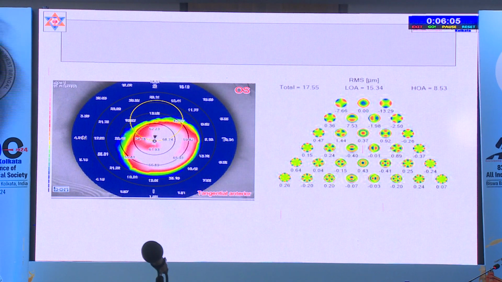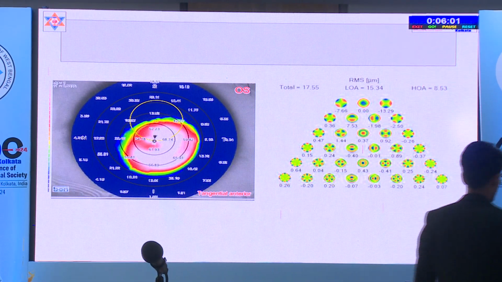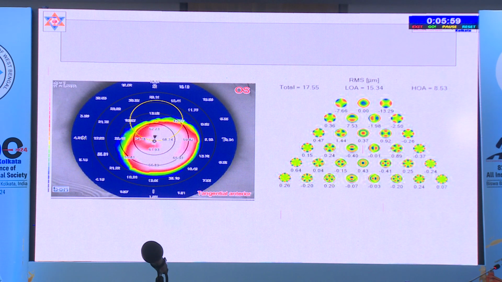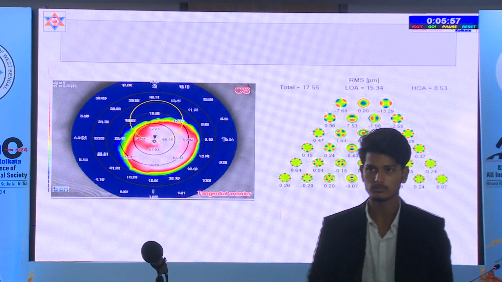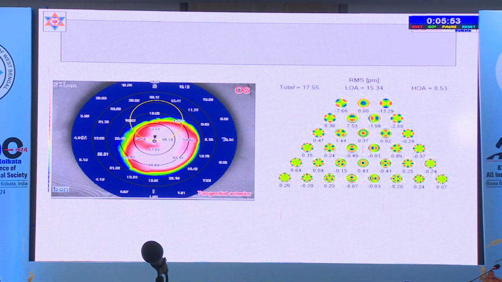So these are again some of the photographs. See where the low order aberration and the high order aberration is. The high order aberration is nearly 8.53.